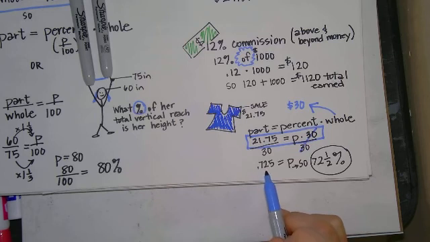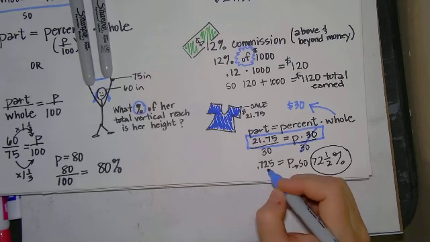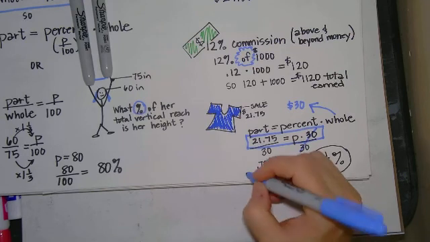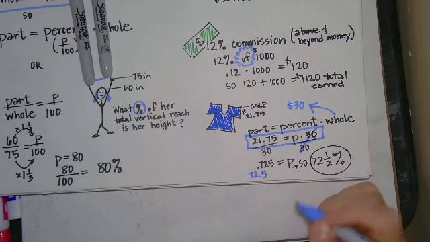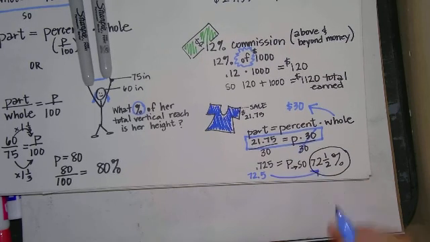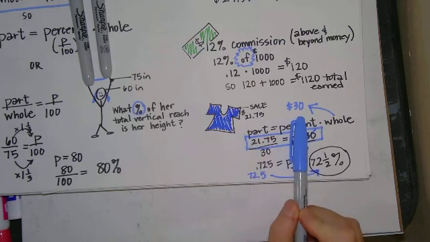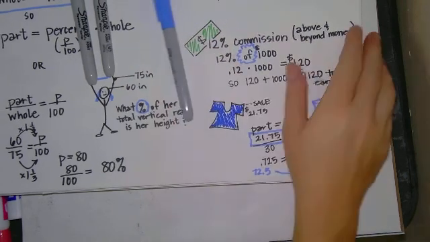So $21.75 divided by 30 is 0.725. Remember, this is in decimal form, so we need to move it 2 places to turn it into a percent. So that would be 72.5%. So you're paying 72.5% of the original price.